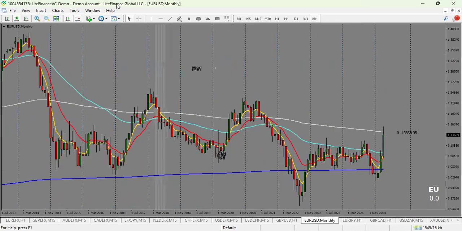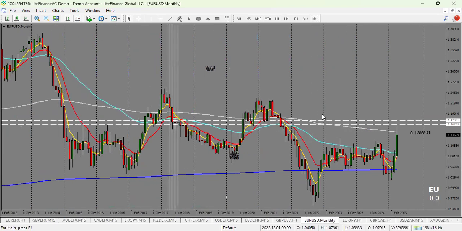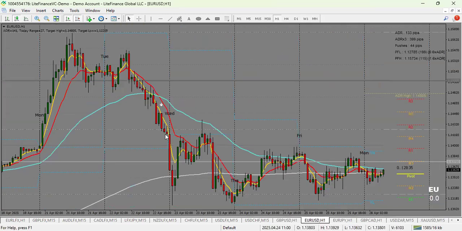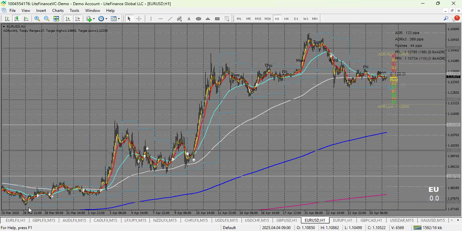So if you had looked at the COT report that I shared yesterday on the Telegram channel, you would have noticed that the dollar open interest has increased significantly in the last week, and that can also be evident by the movements that the dollar had been showing.